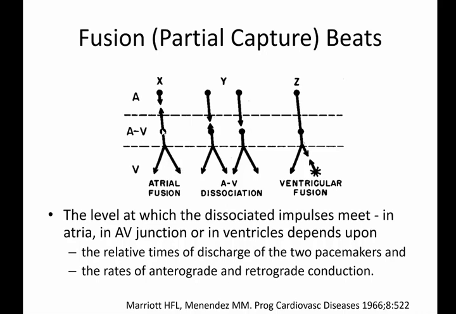Now this junctional rhythm can also retrogradely go back to the atria, and if the timing of the junctional beat is such that the retrograde activation of the atria also collides with the atrial activation occurring from the atrial pacemaker, that is the SA node, then the atrial activation is occurring as a result of fusion. And so this is atrial fusion due to retrograde activation.